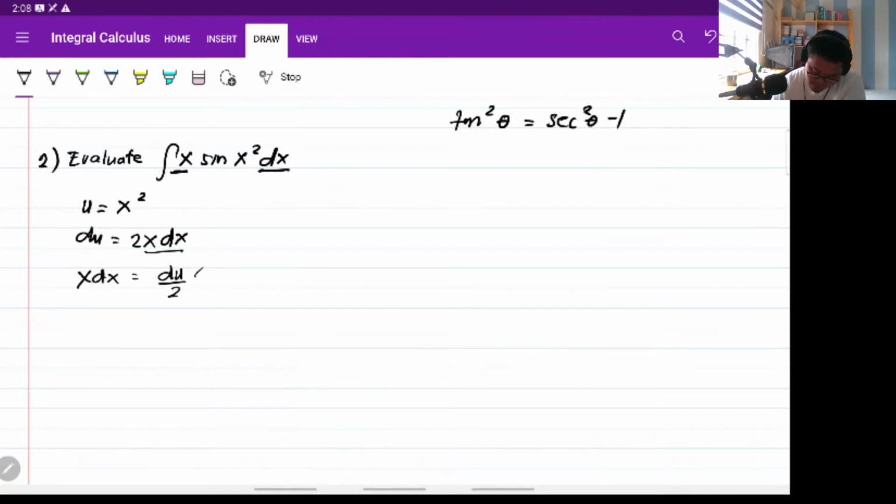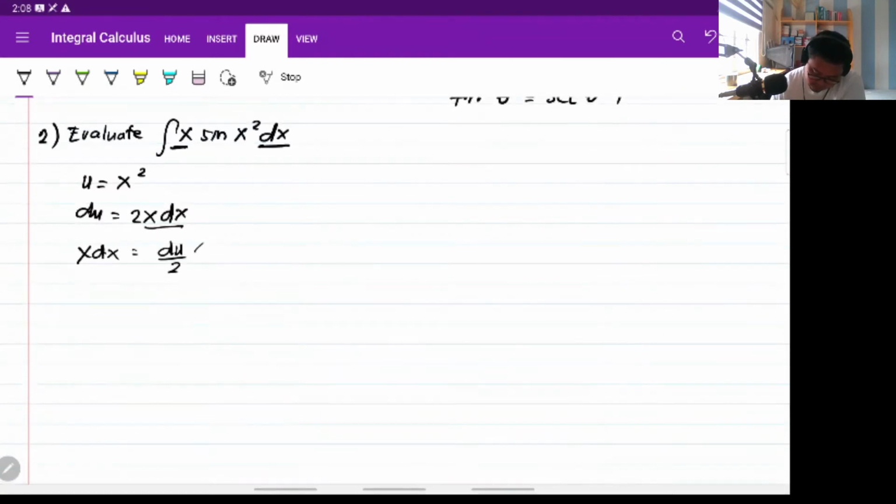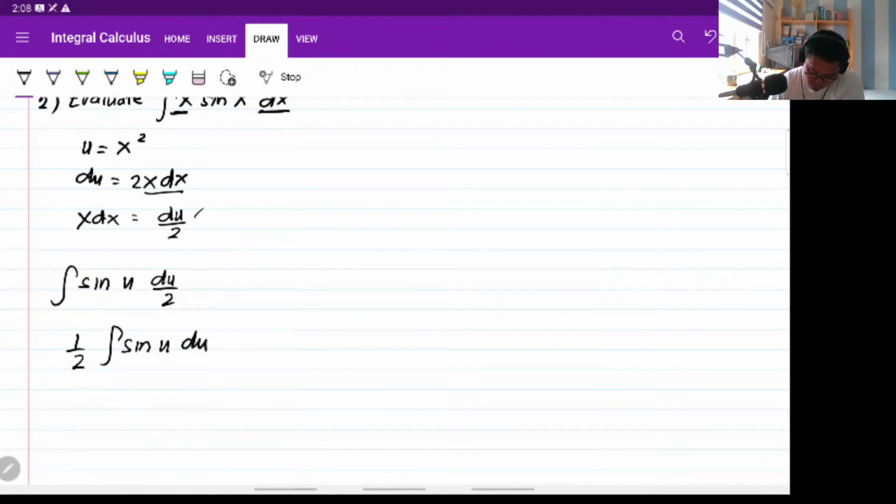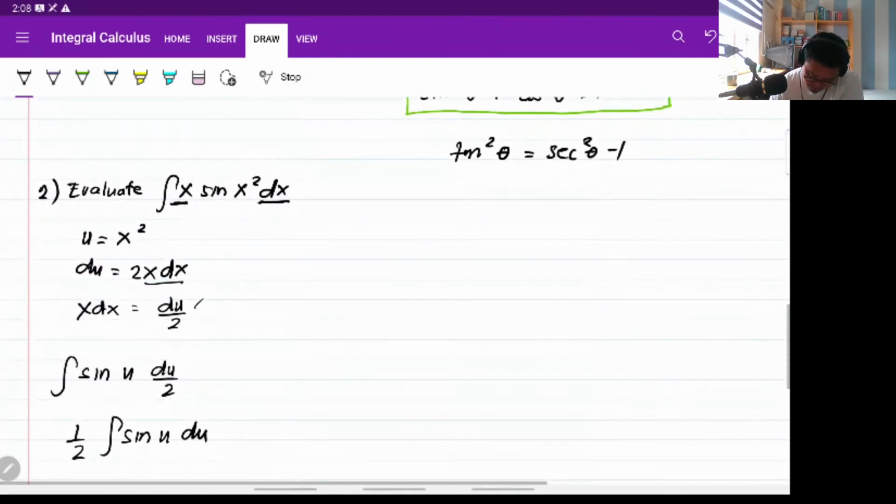So we will replace now. If our u is x squared, we can have sine u, and the x dx would be du over 2. I can factor out the 1/2 outside because that is constant. So 1/2 integral of sine u du. I can now use the table for sine u.